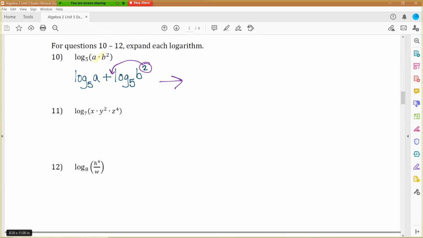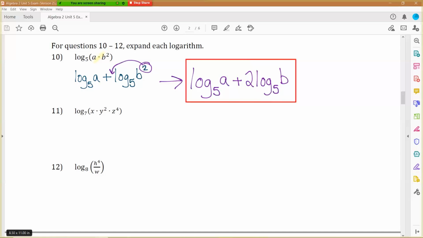So actually, my final answer is going to be log base 5 of a plus 2 log base 5 of b. That is your final answer. So nothing to compute for these. You're just expanding, stopping once you've checked.